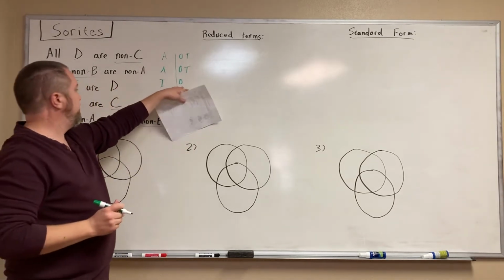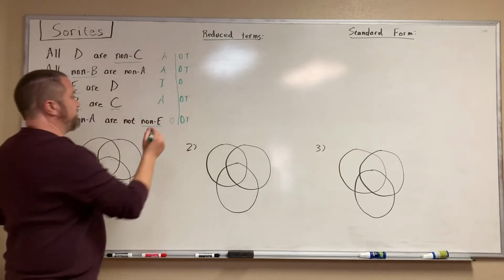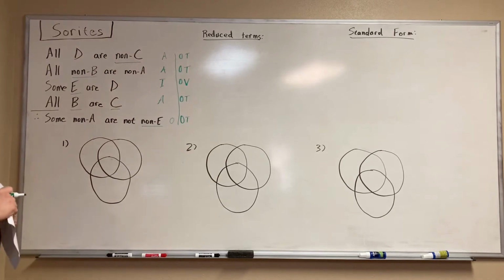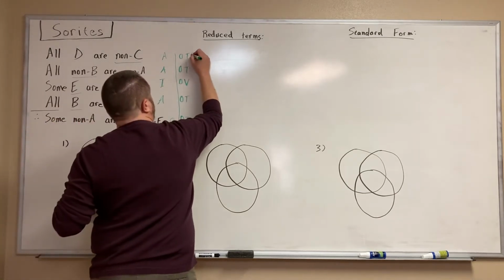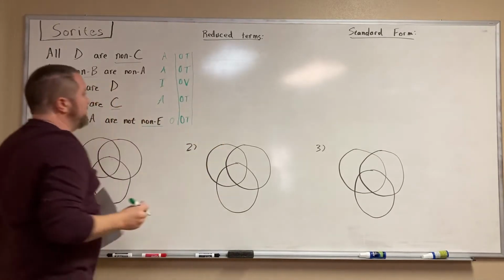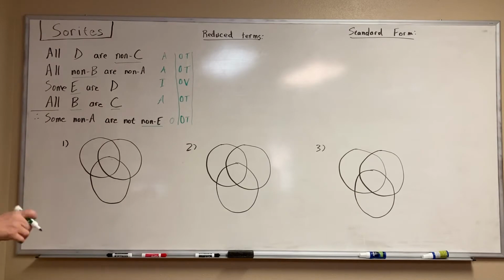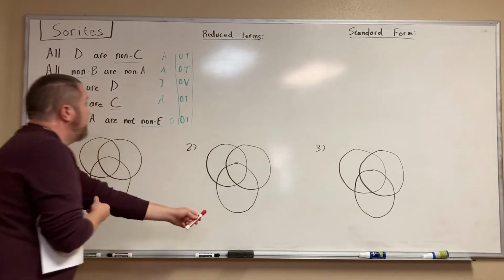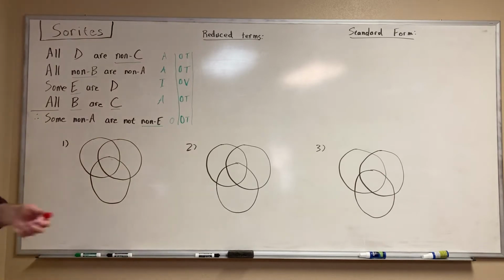So we have one I statement, we can't do contraposition, but we can do conversion. I'll use a V for that. So that just tells me what my options are. Put a line here so it doesn't get confusing. Actually, I'm going to switch to red here so that we can see the difference.